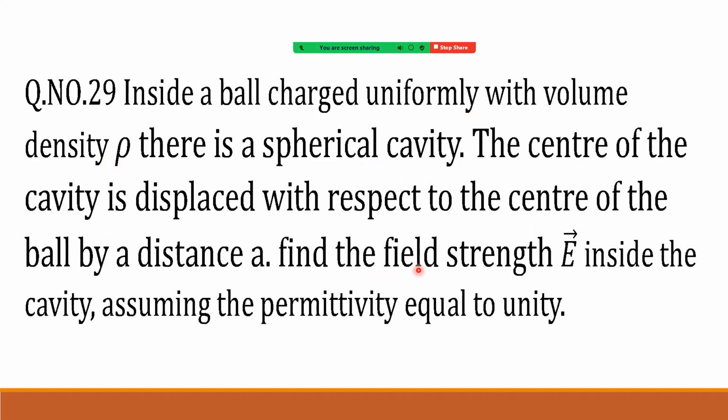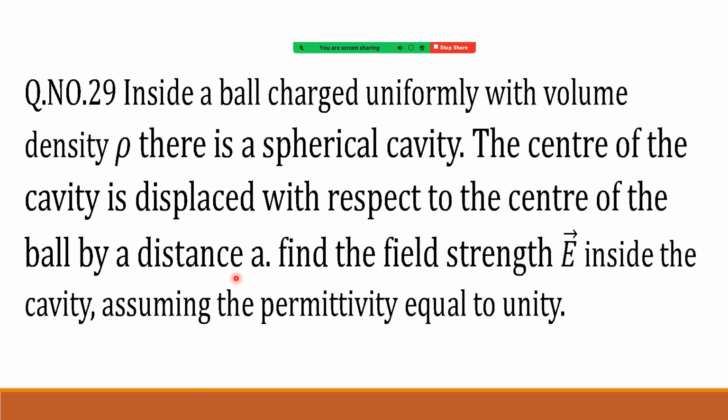Find the field strength E bar inside the cavity, assuming the permittivity equal to unity. So there is a ball with uniform charge distribution, given volume density rho, and a spherical cavity displaced from the center by a distance c. We have to find the field strength in the cavity.